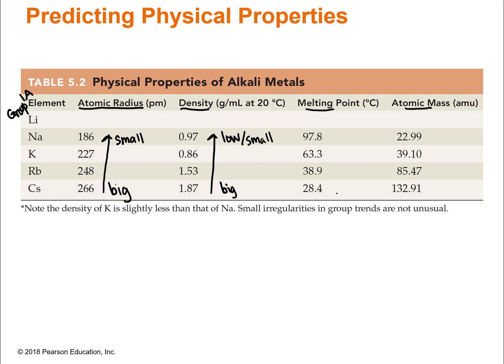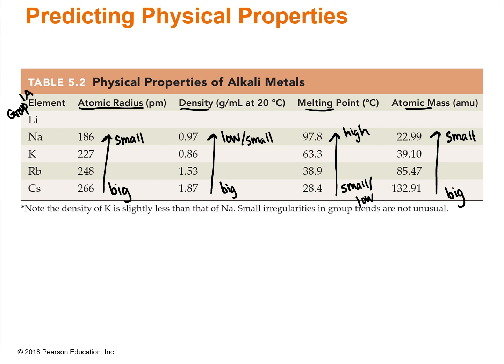With the melting point, we have a low melting point, and then as you go up the group, it gets higher. So we're seeing these different trends in physical properties. And of course, atomic mass, we're going from a really big one down at the bottom to a small one at the top.